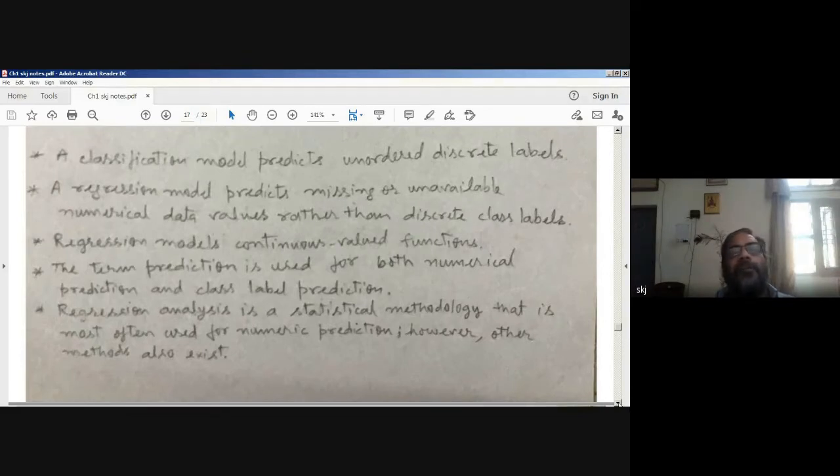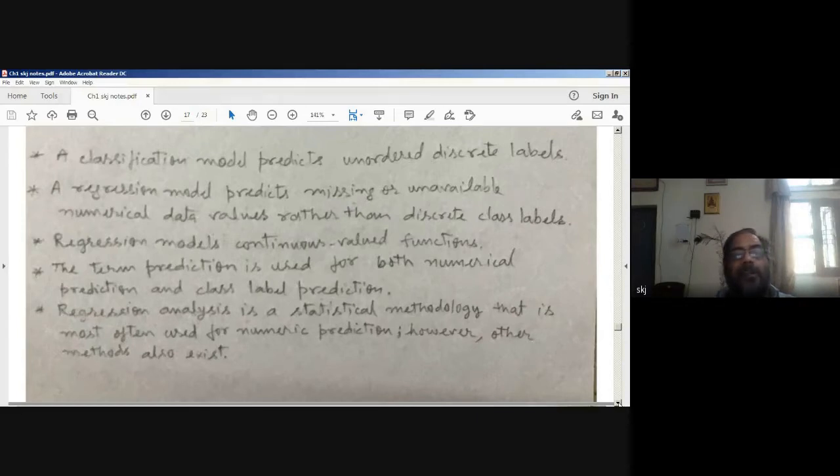So a classification model predicts unordered discrete levels. A regression model predicts missing or unavailable numerical data values rather than discrete class levels. This is the difference between regression model prediction and classification model prediction. Regression models a continuous valued function. The term prediction is used for both numerical prediction and class level prediction.